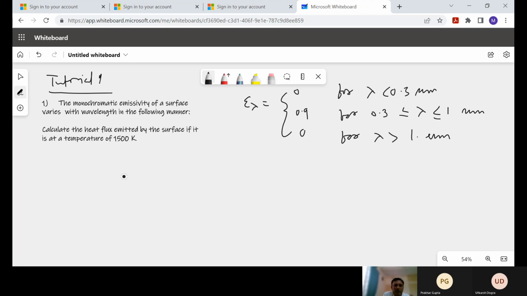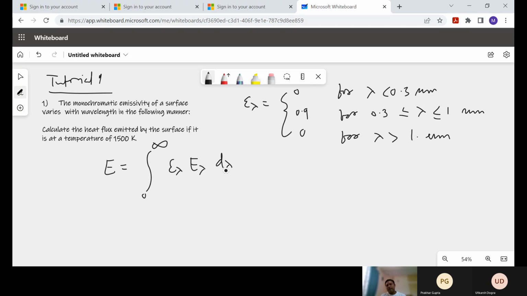So here the heat flux and emissive power are both the same, isn't it? So we can calculate E as the integral from 0 to infinity of epsilon lambda E lambda d lambda.